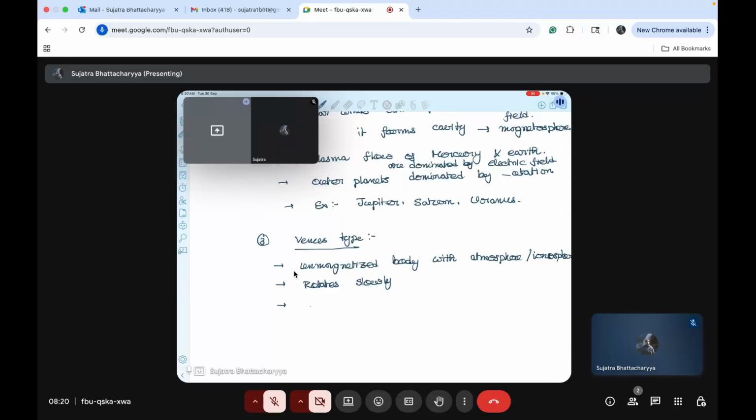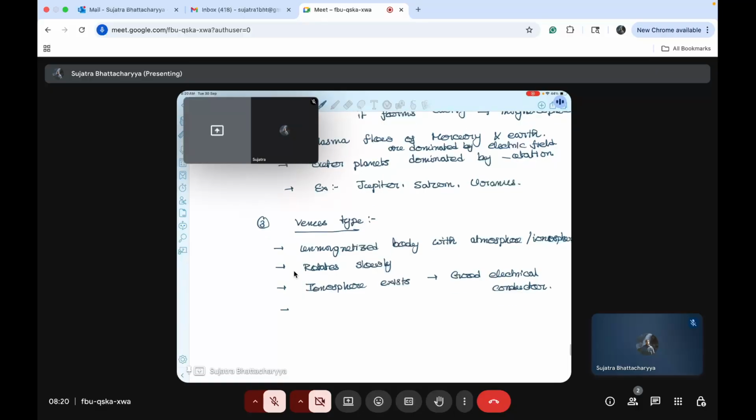Here the ionosphere exists, so it's a good electrical conductor, but weak or no magnetic field.